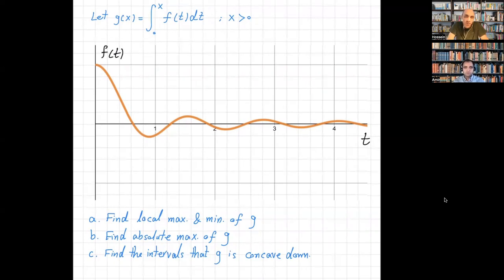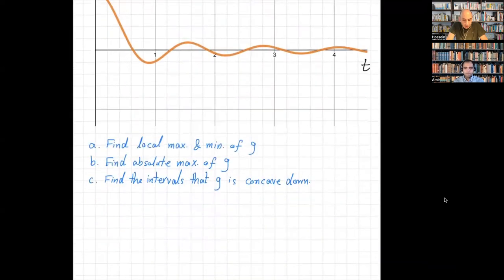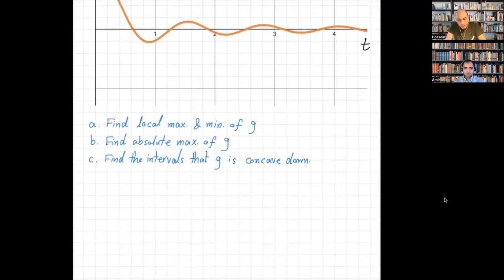Okay. The local maximum and minimum. So at the beginning, let me just draw a hypothetical curve representing function g. So assuming this is g of x, the maximum happens when, so this is a max.